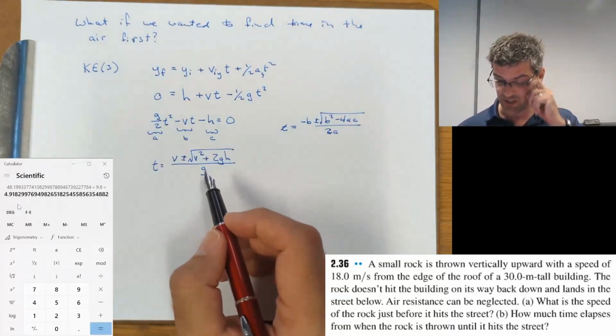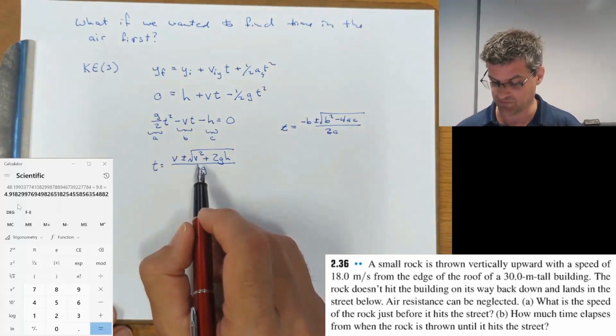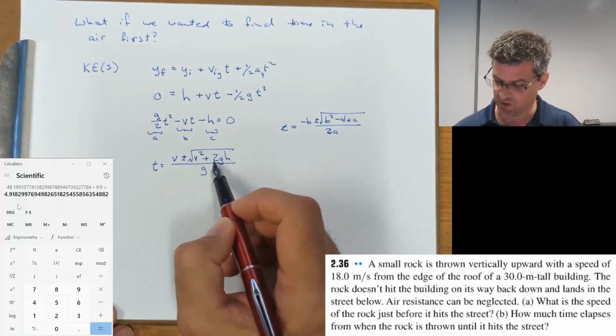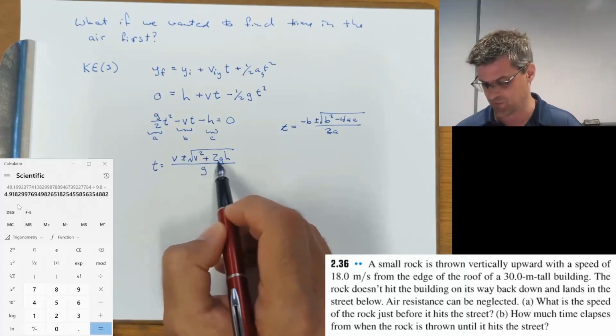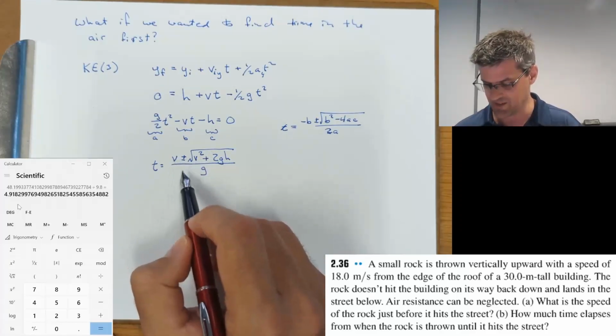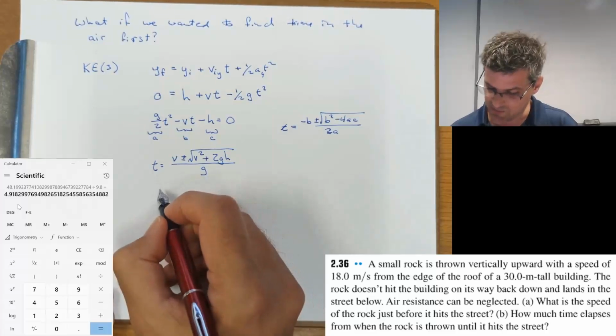Interesting. There's 2 times here that are going on. And we've got this v squared plus 2gh over g, v squared plus 2gh square root with a minus. What are these 2 times?